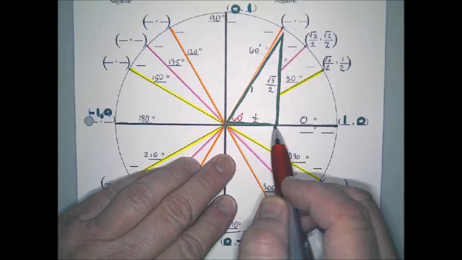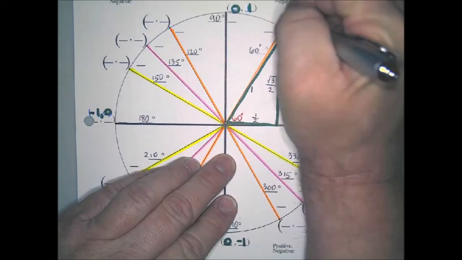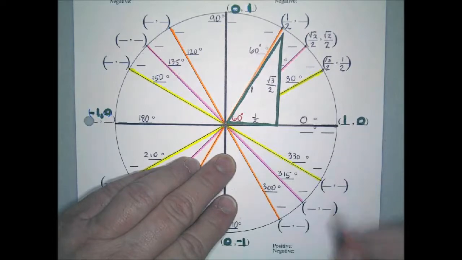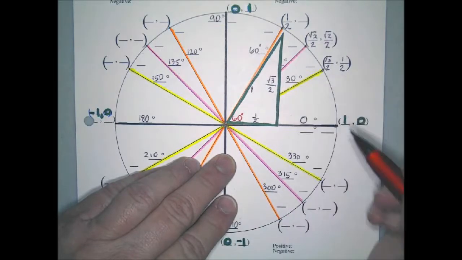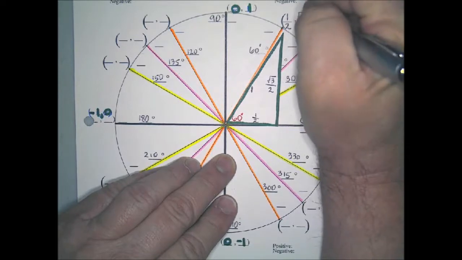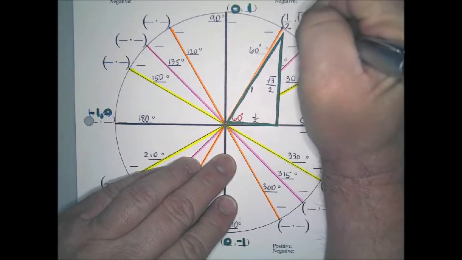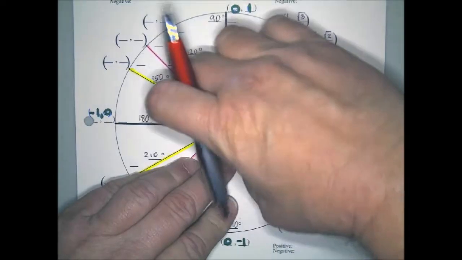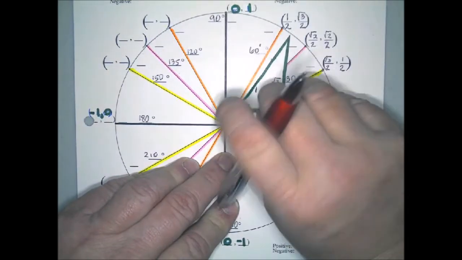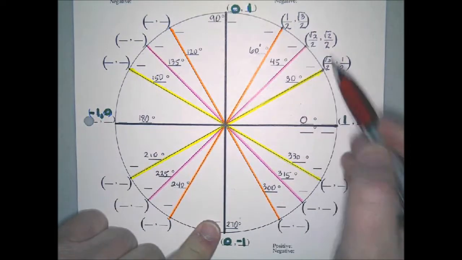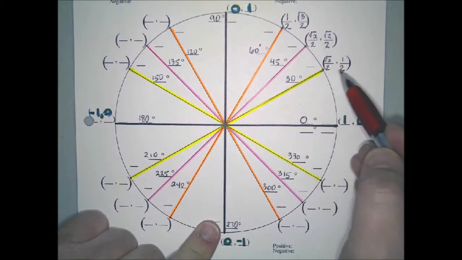So that's the x coordinate, 1/2. And you have to go up root 3 over 2. So that's the y coordinate, root 3 over 2. And that's how we get those ordered pairs right there.